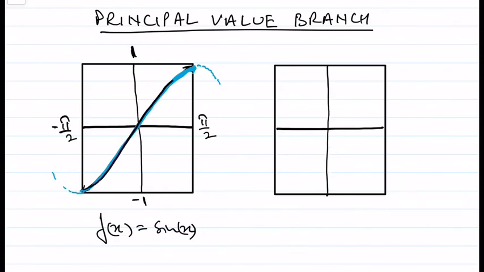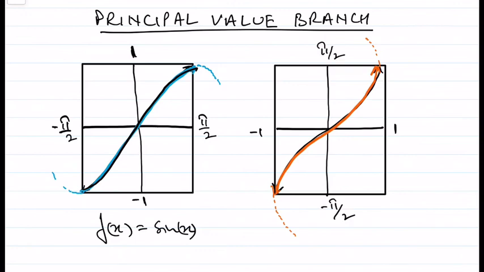So now the domain will be between -1 and 1, and the range will be between -pi/2 and pi/2.